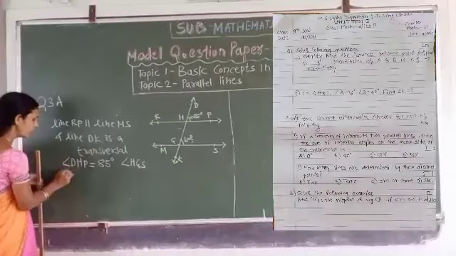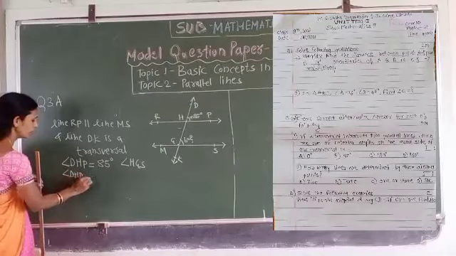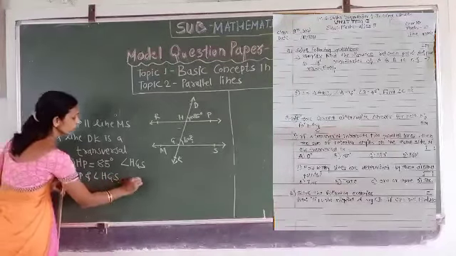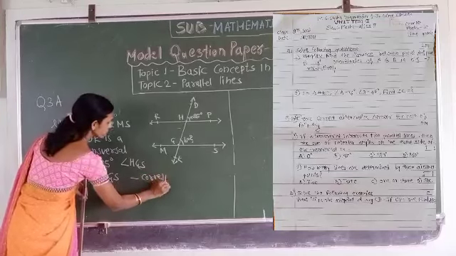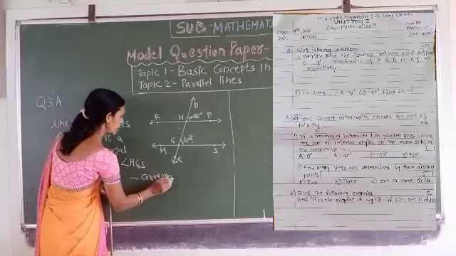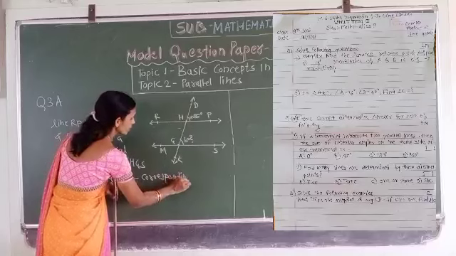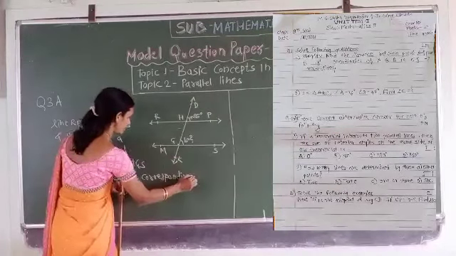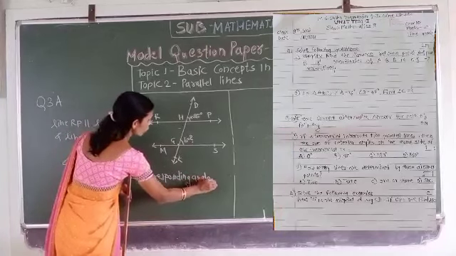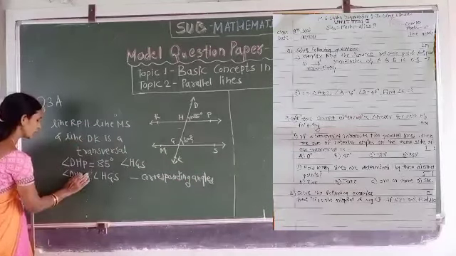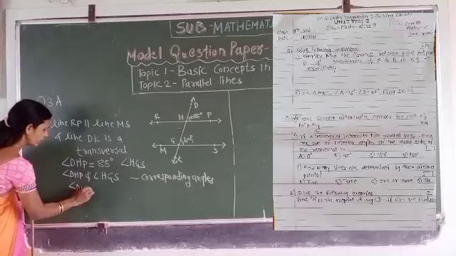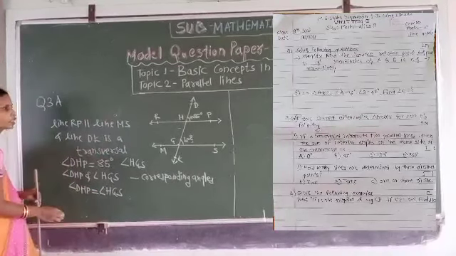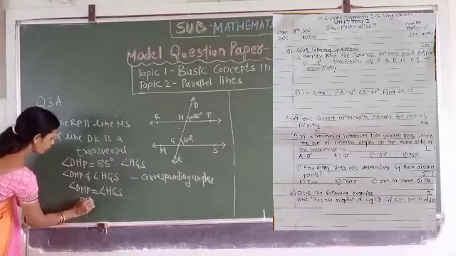Then see here, angle DHP and angle HGS are corresponding angles, and corresponding angles formed by a transversal on two parallel lines are congruent. Therefore angle DHP is equal to angle HGS, and angle DHP which is given here is 85 degrees.